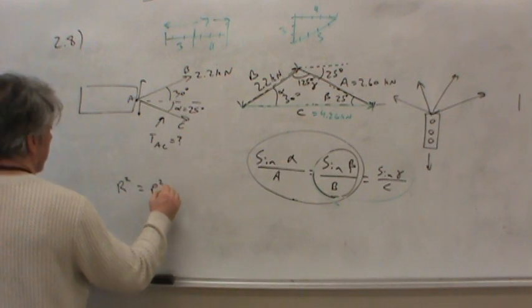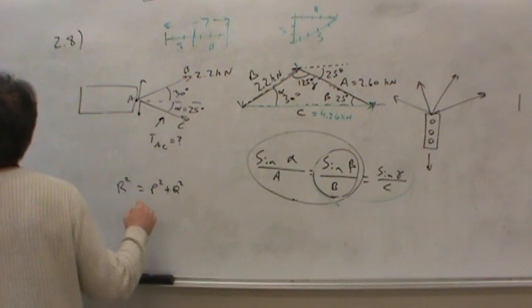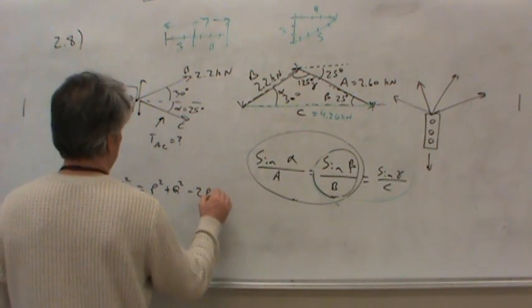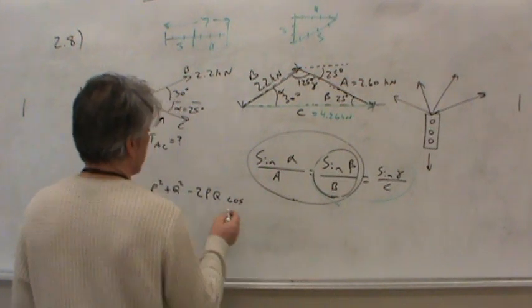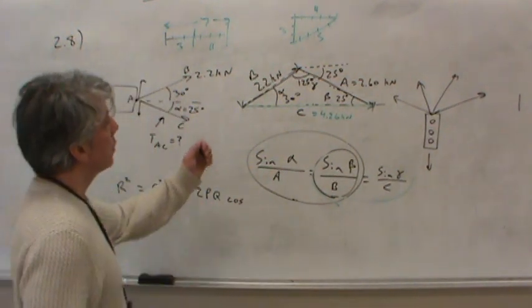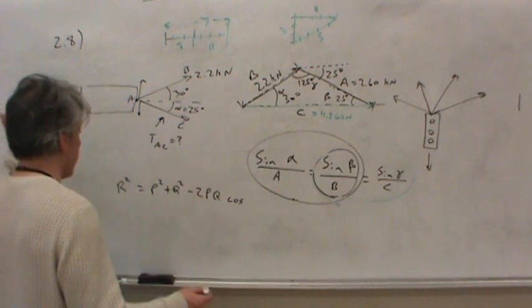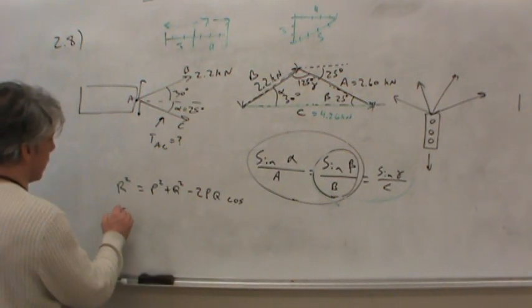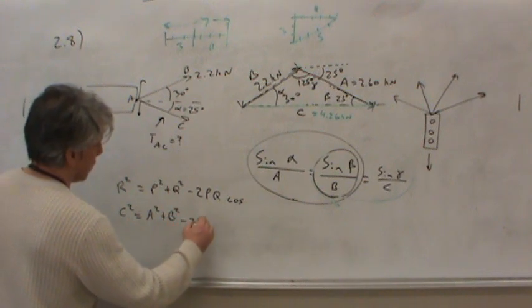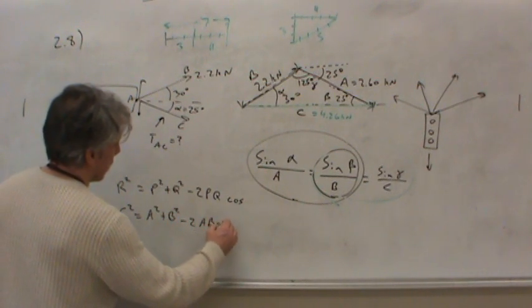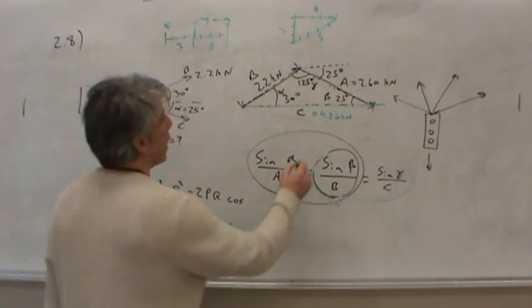R squared equals p squared plus q squared minus 2pq cosine of the angle between p and q. So p and q, in our terminology, we've got a, b, and c. So let me switch this out. C squared equals a squared plus b squared minus 2ab cosine of the angle between a and b.